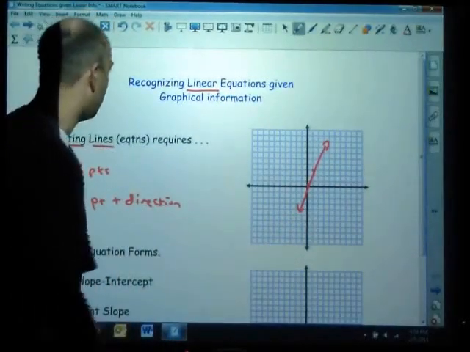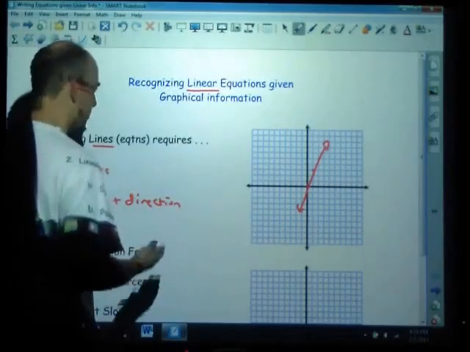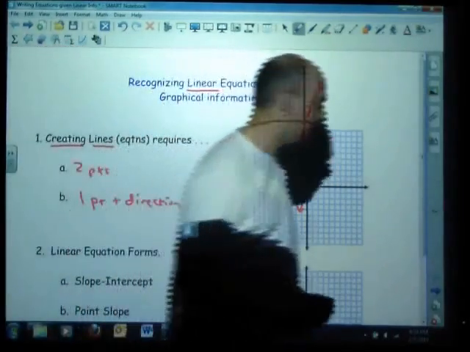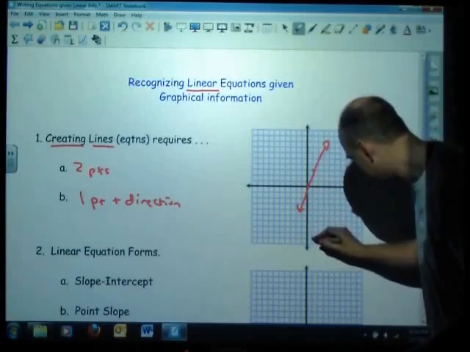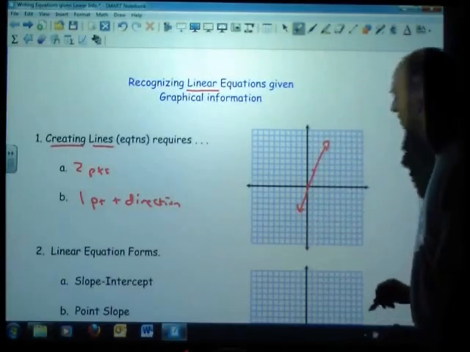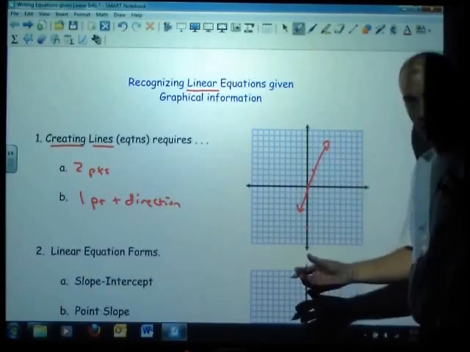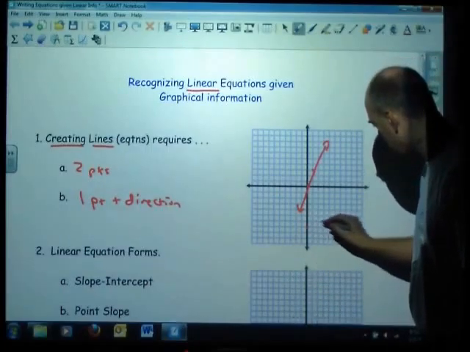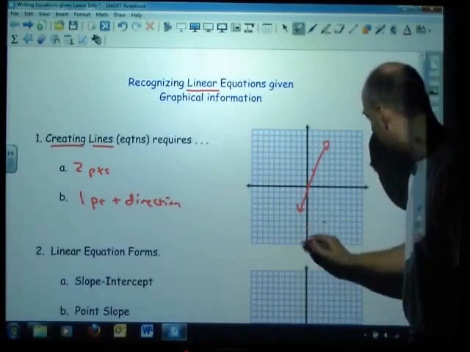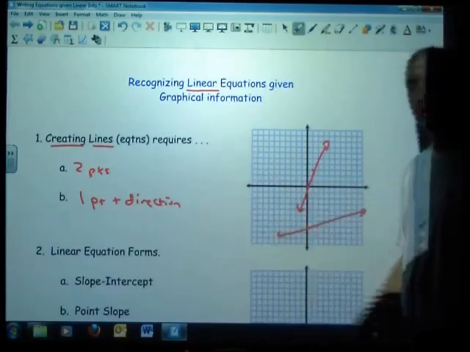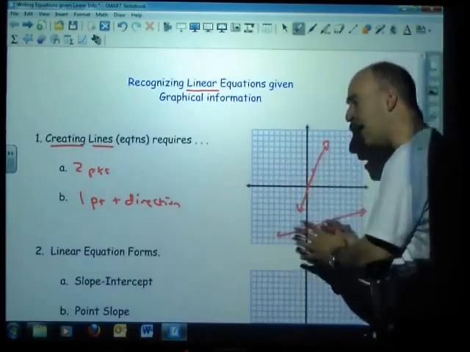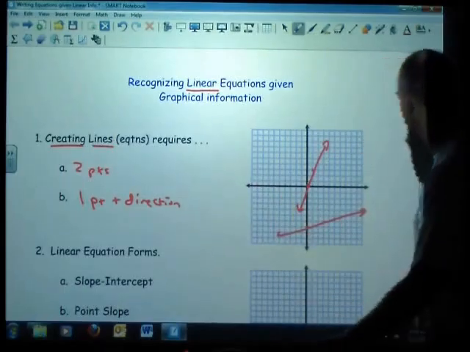So, 1 point plus a direction: I could say I've got a point at 0, -7, and the slope is 1/3, rise 1, run 3. And I've got a second line of points. So either way, you can get a line graphed, and you can also write its equation.